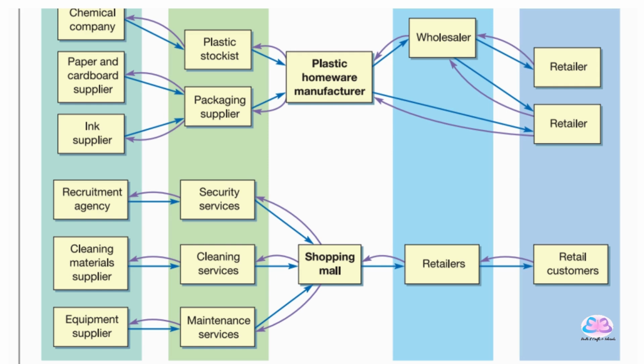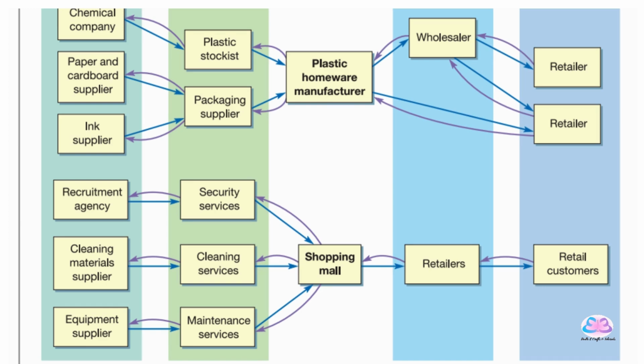In figure 6.2, it illustrates the total supply network for two operations. First is a plastic homeware manufacturer. Now, on the demand side, it supplies product wholesalers who supply retail outlets.